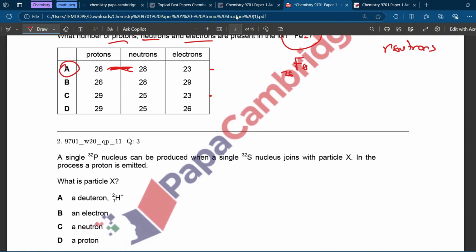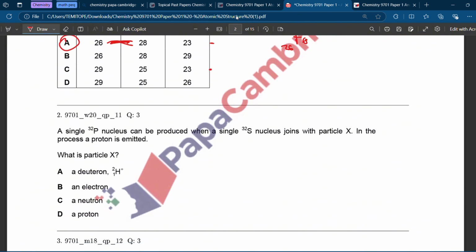For the next question: a single phosphorus-32 nucleus can be produced when a single sulfur-32 nucleus joins with a particle X. In the process, a proton is emitted. What is the particle X?